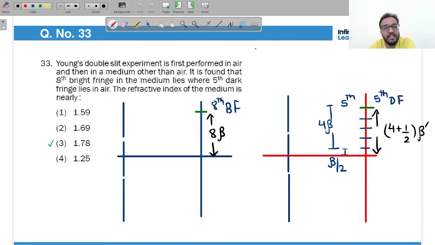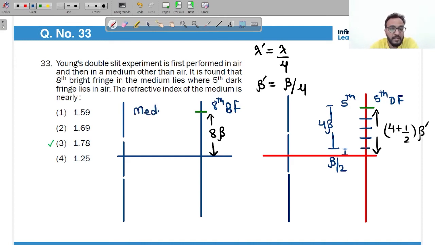It will decrease. So we will say lambda dash becomes lambda by mu. So we say that beta dash, the new fringe width, becomes the old fringe width upon mu.